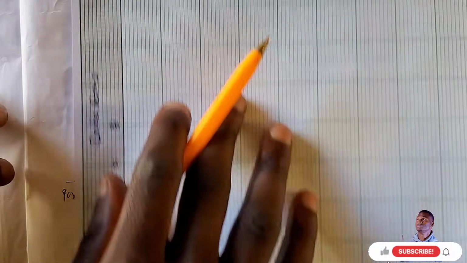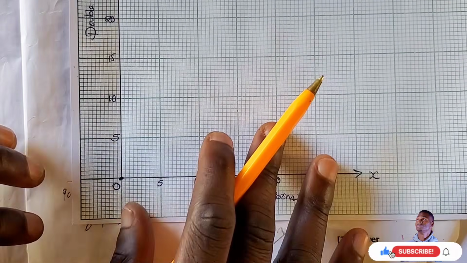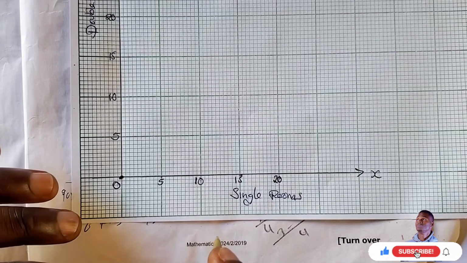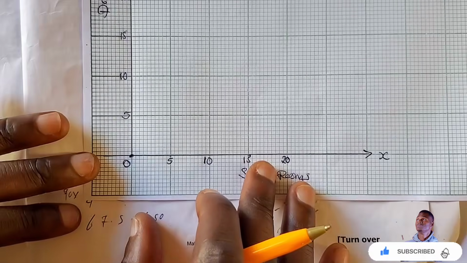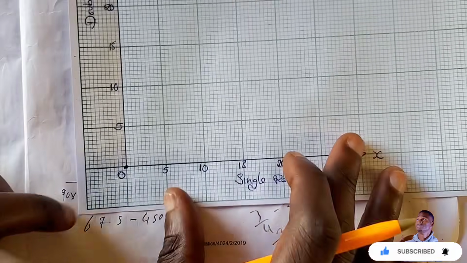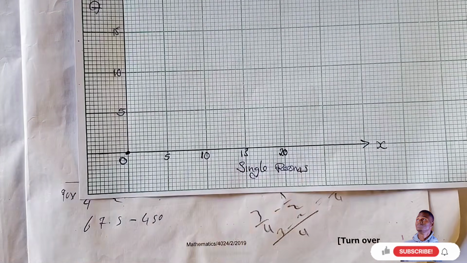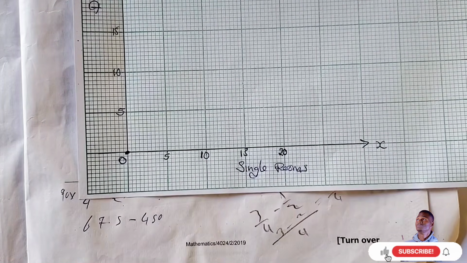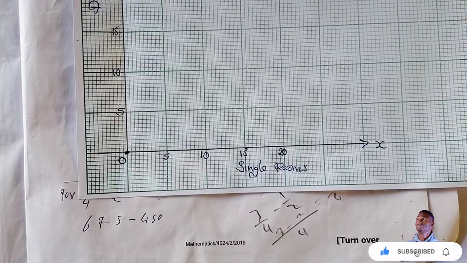All right. So the first one is x is equal to 1. Now you need to understand very, very carefully, where is 1 here? How can you know the value of each small box?